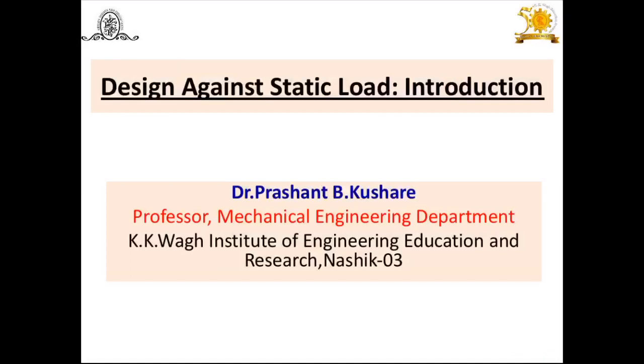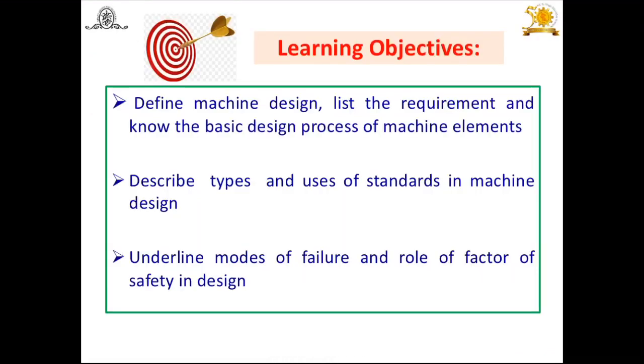Today in this session we will see some of the terms or basics associated with unit number 1, that is design against static load. Learning objectives of today's session: after this session you will be able to define machine design.